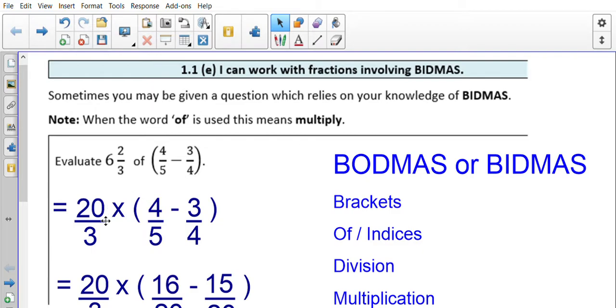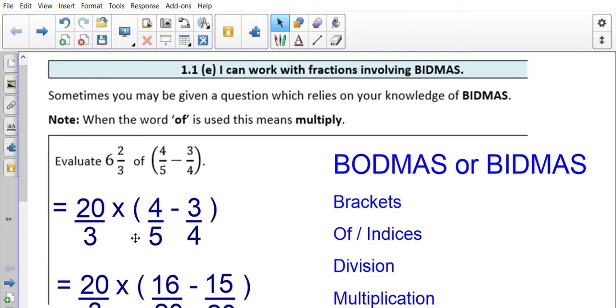In this first line of working, I've changed my mixed number to an improper fraction. 6 times 3 is 18, plus the 2 gives me 20, so that's why it's 20/3. I've also changed the word of to a multiplication. So in my very first line, I haven't done anything other than change my mixed number to an improper fraction and change the of to a multiplication.